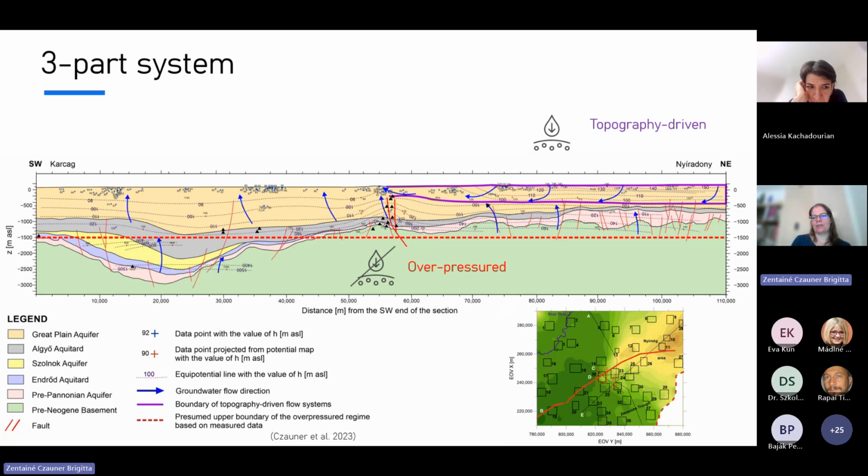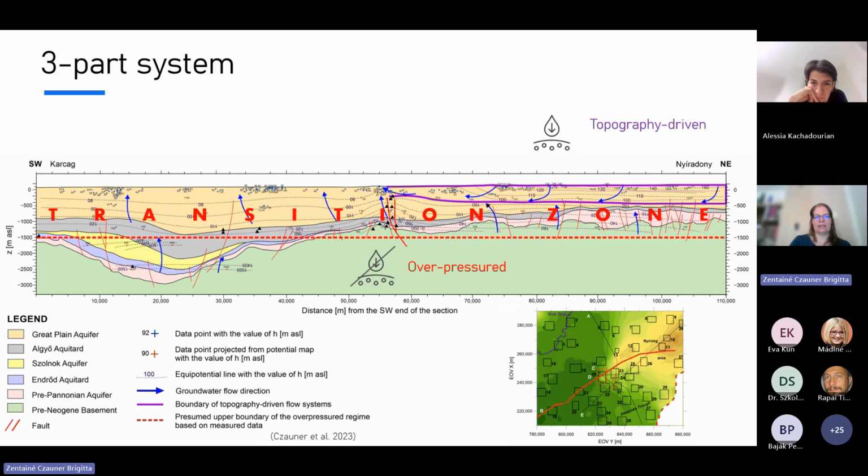Now this transition zone, or this uniform upward groundwater flow, we could interpret as the result of overpressure dissipation. So even if we are in the normal pressure regime, there is a very small excess pressure which causes the superhydrostatic vertical pressure gradients, which drive fluids upward.